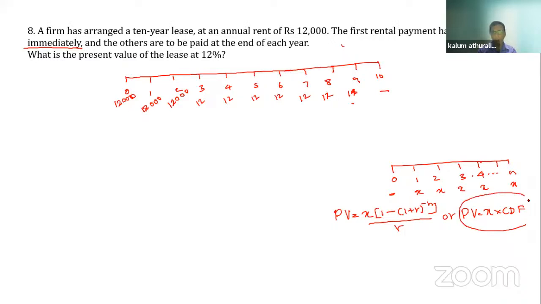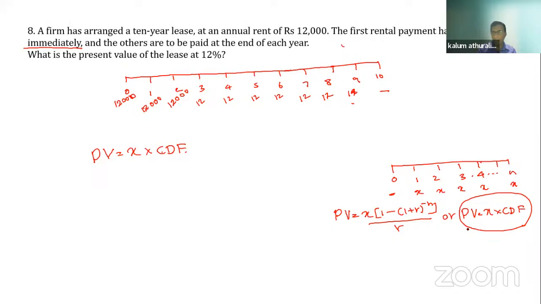Normally this one is easier, you can handle this one easily. Then we can find PV equals x times CDF. CDF means cumulative discounting factor.